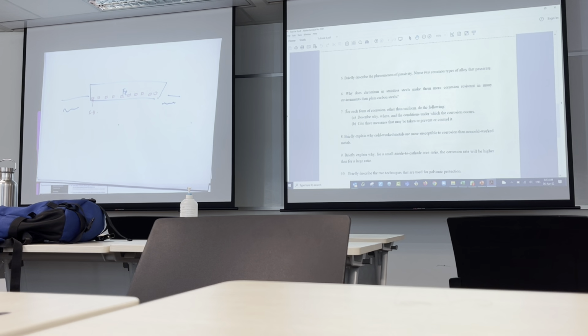Just remember the 11 kinds of corrosion, how does each look like, and how do you prevent them from happening? Cite 3 measures that may be taken to prevent it. Knowing them, you are able to see something and know what it is, and then recommend a course of action. I think it's important, at least.